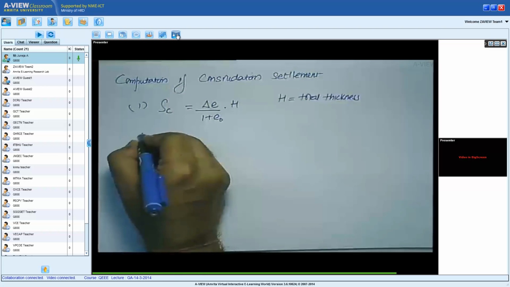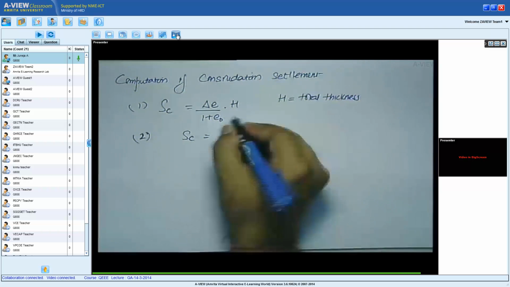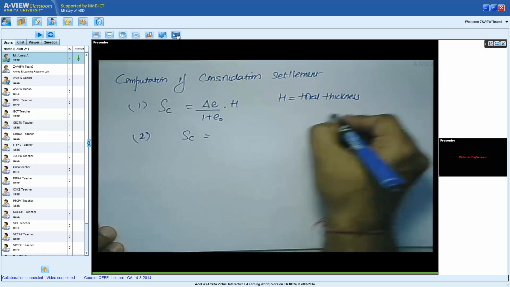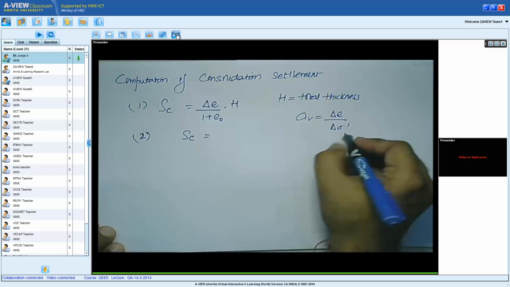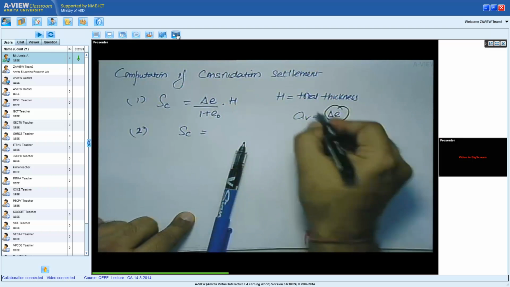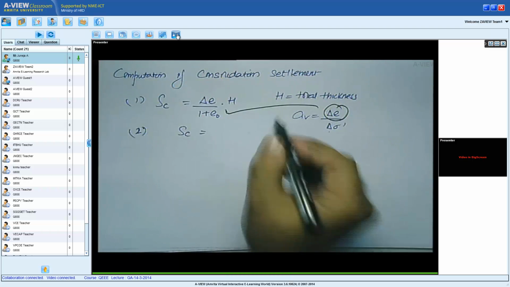The second expression is similar, but the void ratio change is replaced using AV equals delta E over delta sigma prime. So delta E is replaced by AV times delta sigma prime.